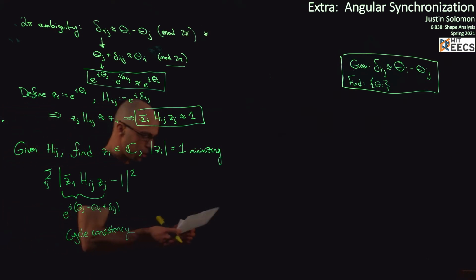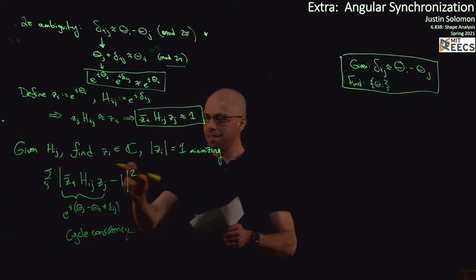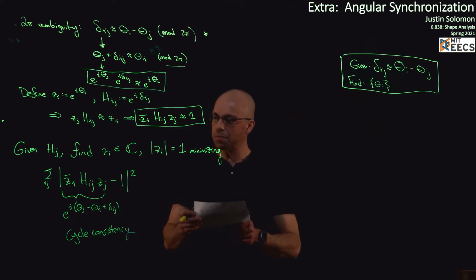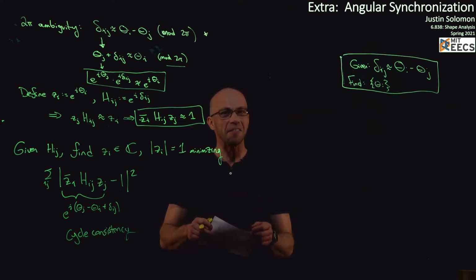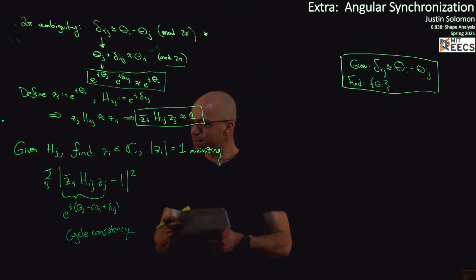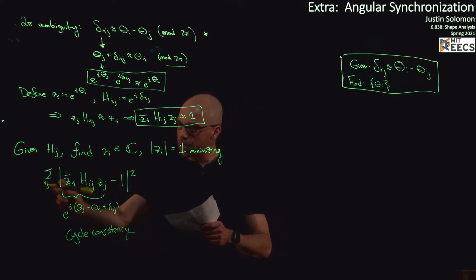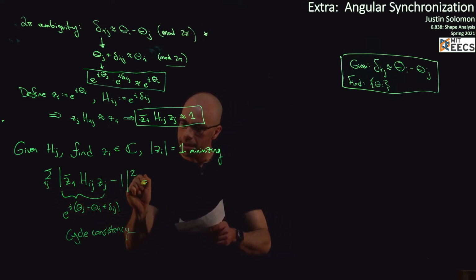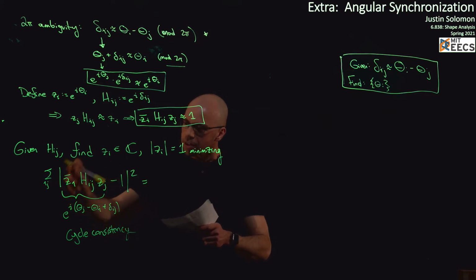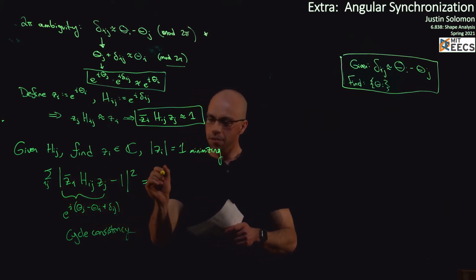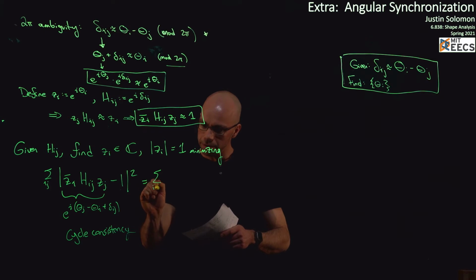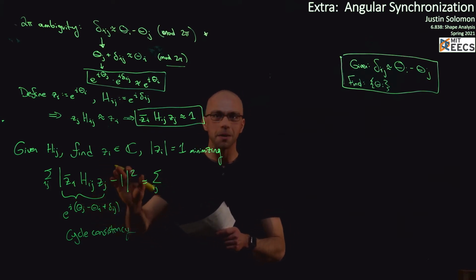So what are we going to do? Well, we see a norm squared, so we should probably expand the square, as we like to do in this course. Now, we have to be a bit careful because we have complex numbers here. Remember that the norm of a complex number squared, or the absolute value squared, is really the same as multiplying it by its conjugate, right?